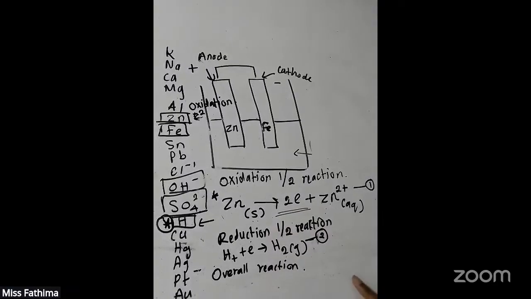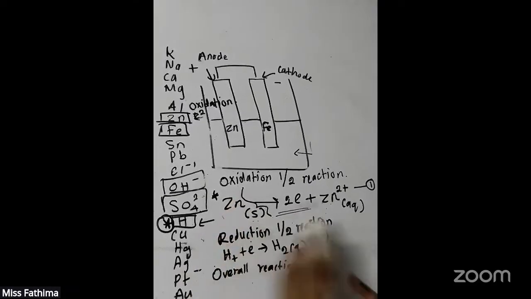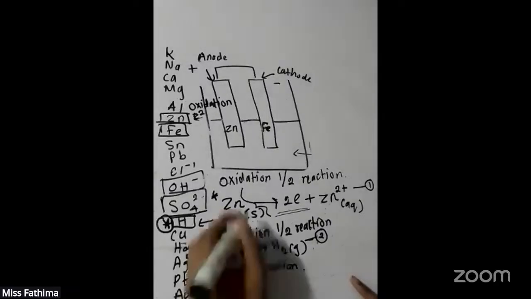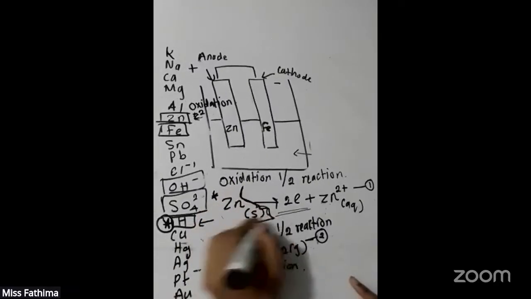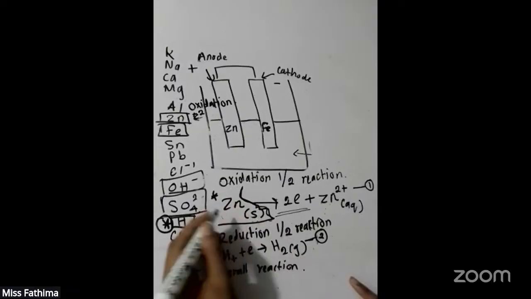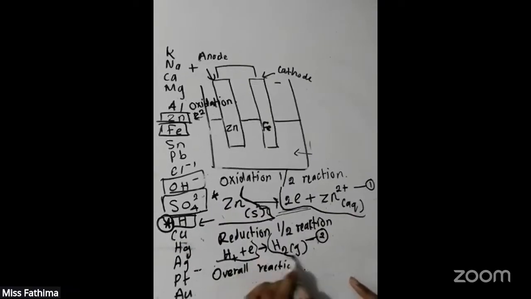Now you have to take the elements before the arrow and after the arrow, right? When you take the oxidation reaction, you get zinc on the one side and the remaining on the other side. Similarly, here you get H plus and 1 electron, and H2.